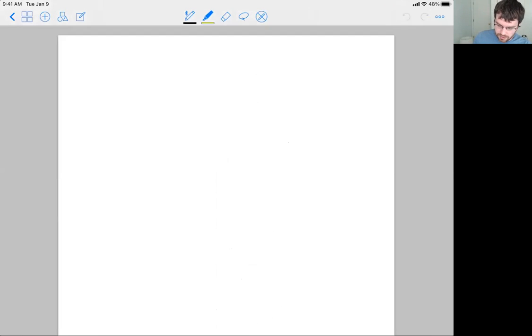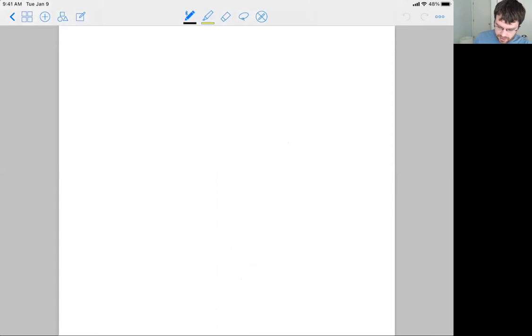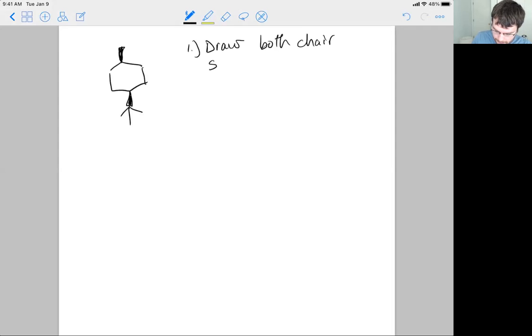Okay, so the task is then, if we have a molecule like this, I want you to, one, draw both chair structures, or the conformational isomers of them.